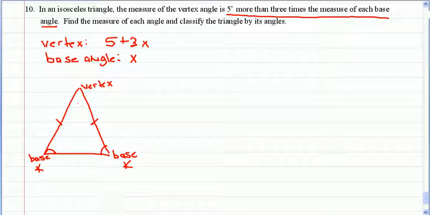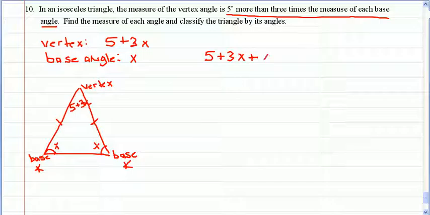So once I have my angles labeled, 5 plus 3x, both bases are equal to x, I know that the degrees in a triangle equal 180 degrees. So I have 5 plus 3x plus x plus another x for the other base angle. Set it equal to 180 degrees.